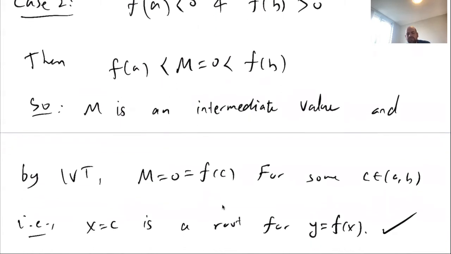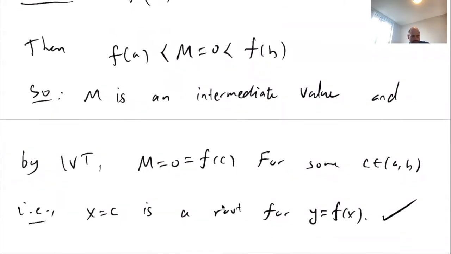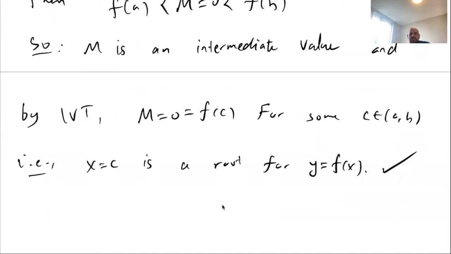And again, that means c is a root for y equals f of x. So in either case, we are done. We showed that if f is a continuous function and if f of a times f of b is negative, then f of x must have a root between a and b.